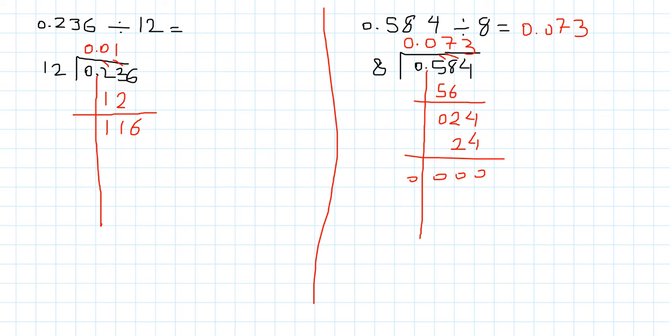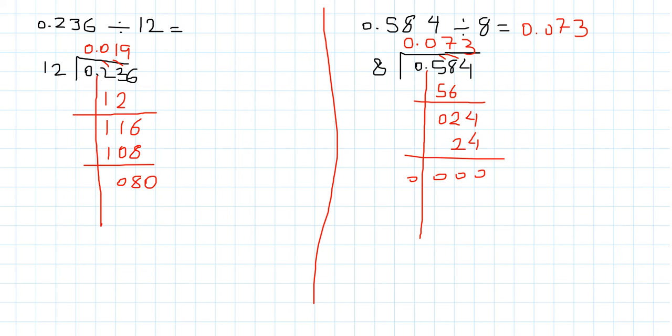Now I should ask how many 12 are there in 116. So it is 9. I try by 9, and this is 108. Okay, so the remainder will be 8. Because I want to continue, I put a 0 here. Now I can ask how many 12 are there in 80.